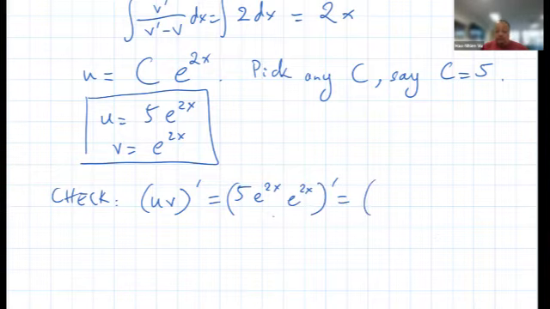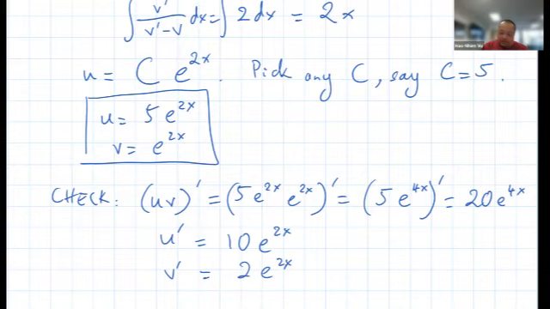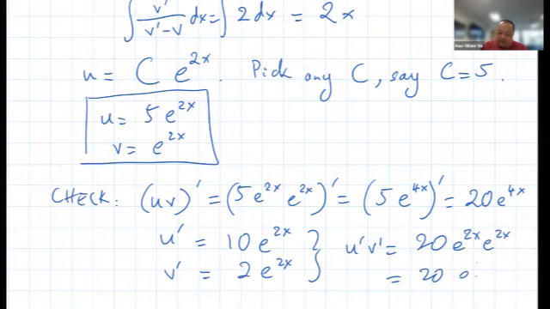E to the 2x times e to the 2x is e to the 4x, times 5, and that is equal to 5 times e to the 4x. U prime is 10e to the 2x. V prime is 2e to the 2x, which multiply to 20 times e to the 4x. Yep, it works.